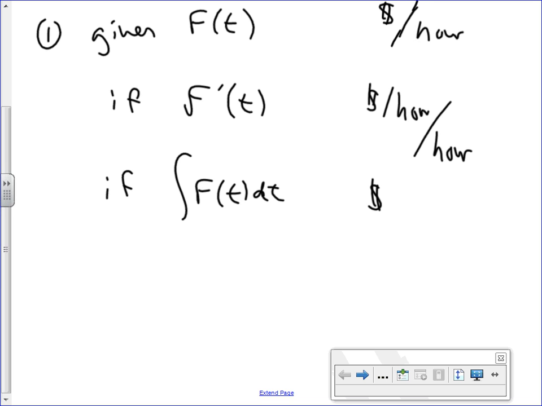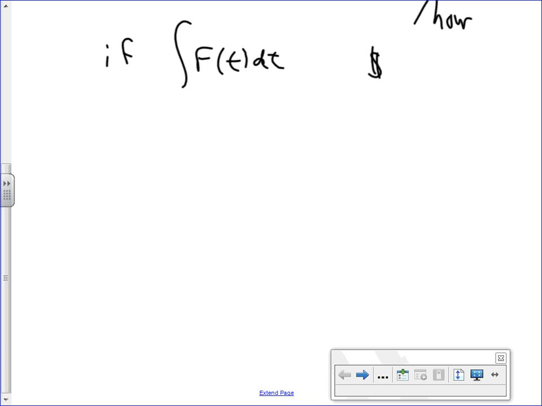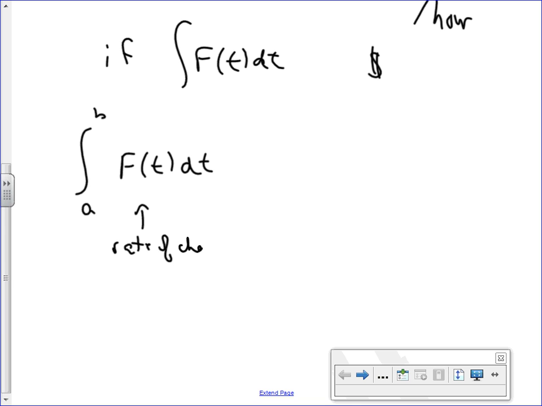Okay. And the next thing you need to know is, what does this mean? The definite integral of a function, specifically when this function is a rate of change. A definite integral is an accumulator. It accumulates change, how much something changes.